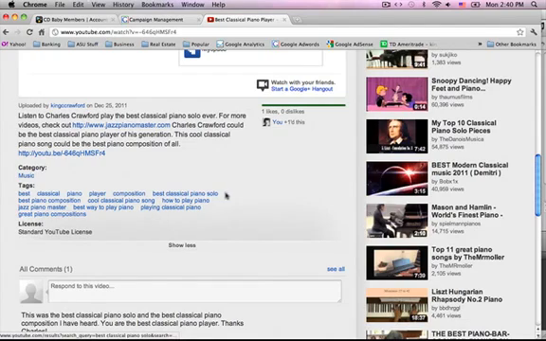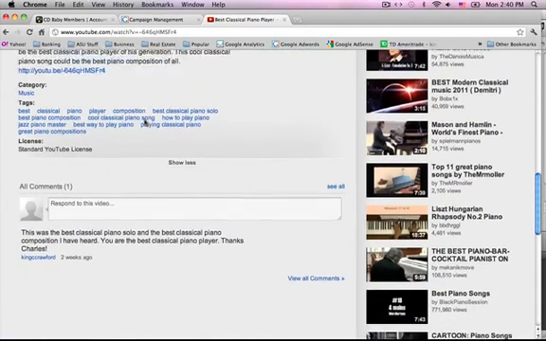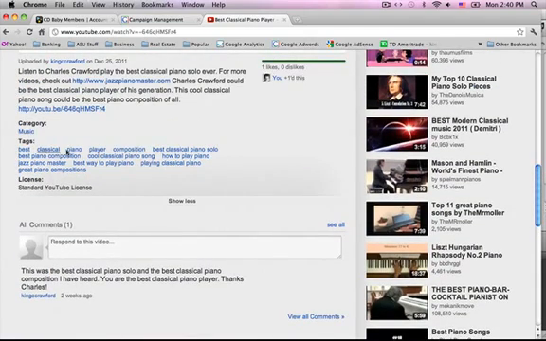So if I didn't have this in parentheses and I had best classical piano, this tag would have only shown up as solo because 3 of these words were repeats. So that's another trick. And then obviously you want a lot. I could have added a few more, but you definitely want at least like 20 tags. But I would have a little more.